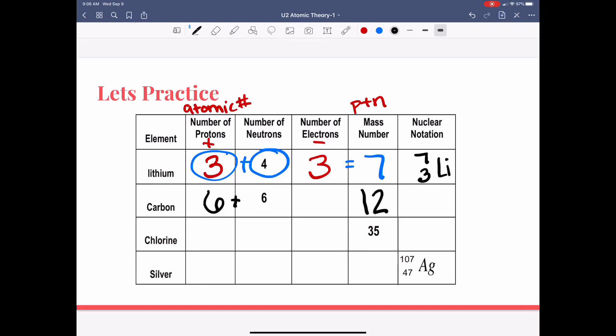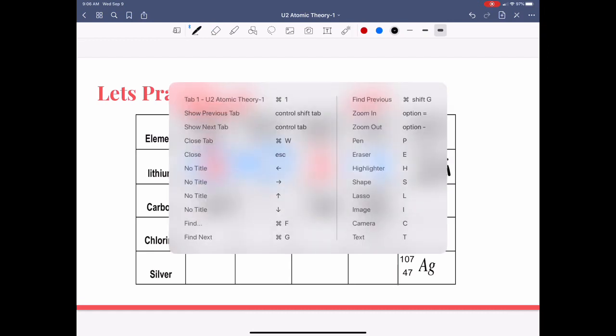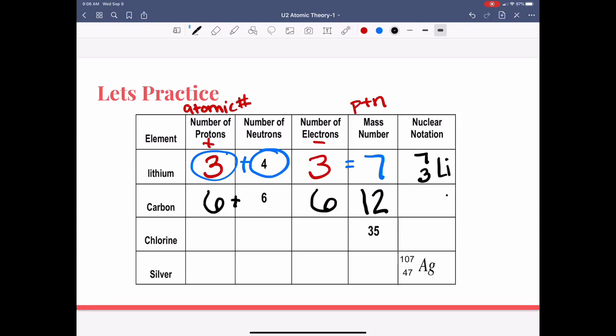And then number of electrons, again, we're dealing with neutral atoms, so the amount of positivity and the amount of negativity have to be equal. That means I also have 6 electrons. Let's go ahead and write it out in nuclear notation here. We've got carbon with a mass of 12 and an atomic number of 6.